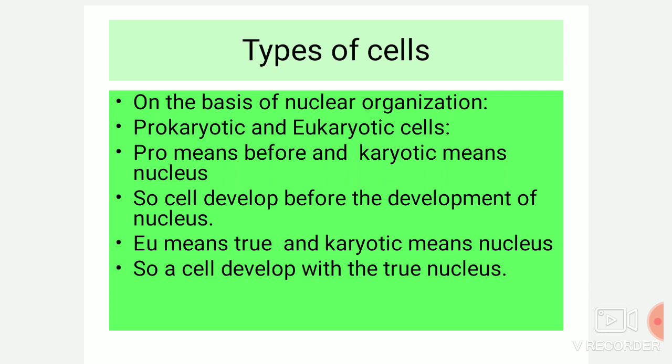Now we will see the differences between the prokaryotic cell and the eukaryotic cell. As pro means before, it is less advanced than the eukaryotic, since the thing made first has less advancement. For example, a mobile phone. The first mobile phone was a button phone, used only for conversation and could be carried anywhere.